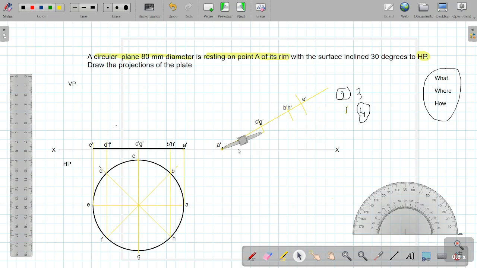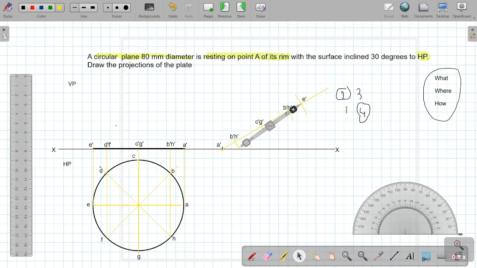And then finally B and H are remaining, so I can take the distance from point E to point B and H, then keeping on point E because I have measured from point E. So this is B dash and H dash.